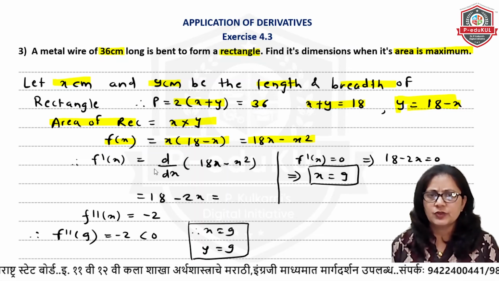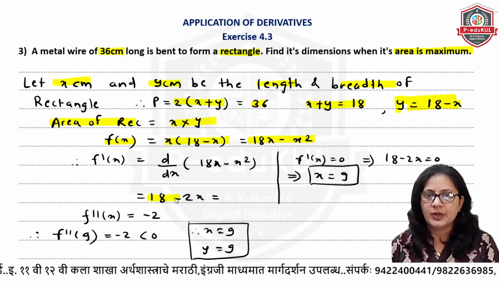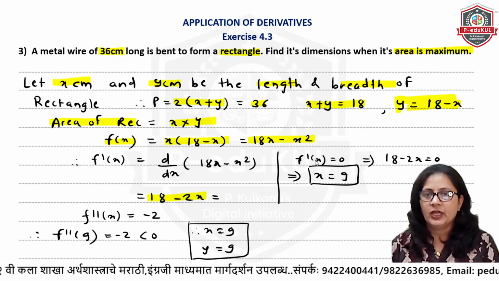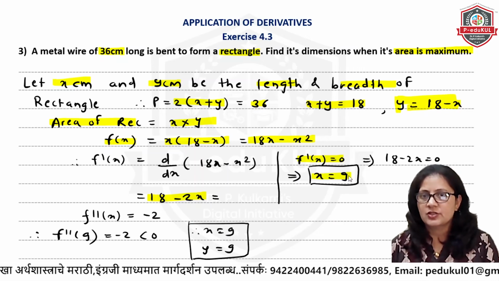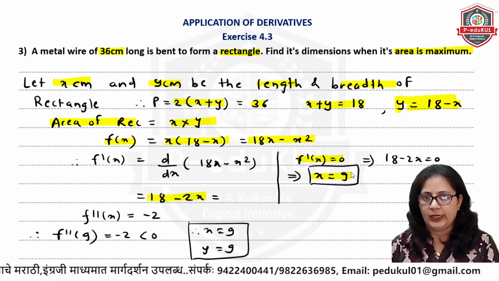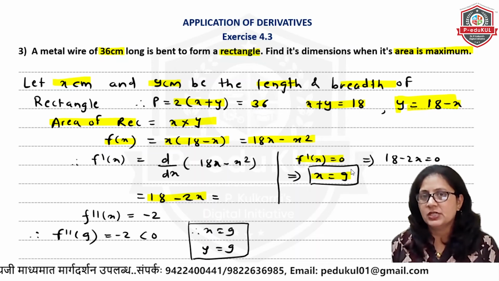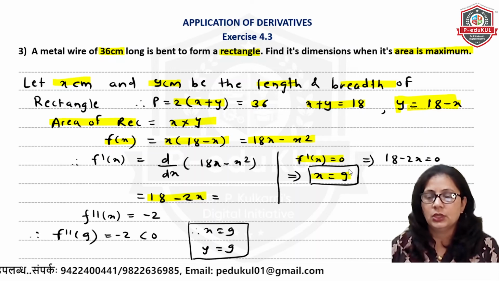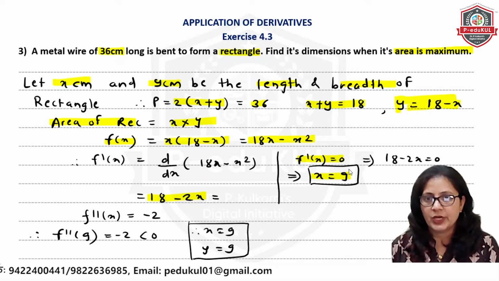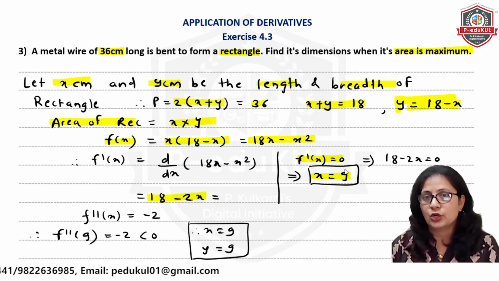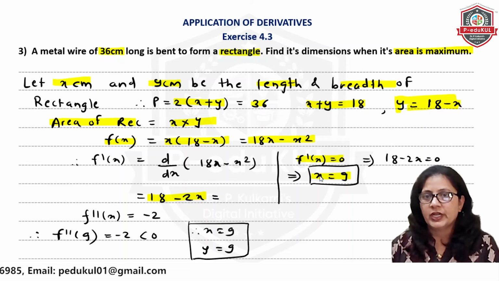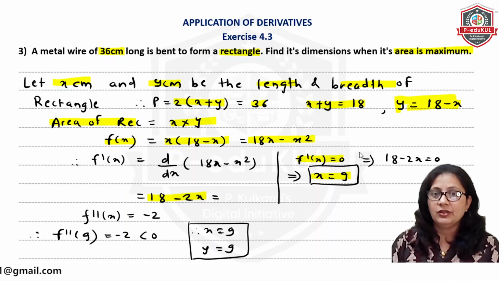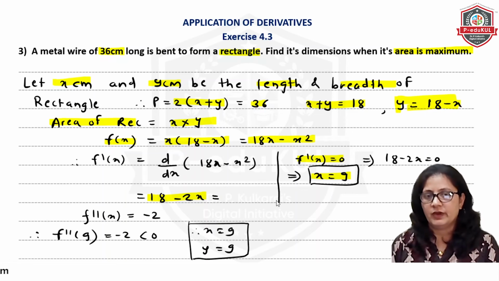Now we will take as usual the derivative. Derivative will come up as 18 minus 2x. Then f dash x is 0. This will give me the value of x is equal to 9. See, there are typical steps. First you need to find out the function. Then you need to differentiate that function with respect to x. Then you equate that first order derivative with 0. You will get the values of x, that is the constant values, and then you need to check with the second order derivative test.